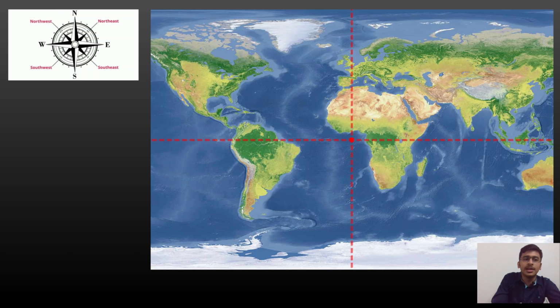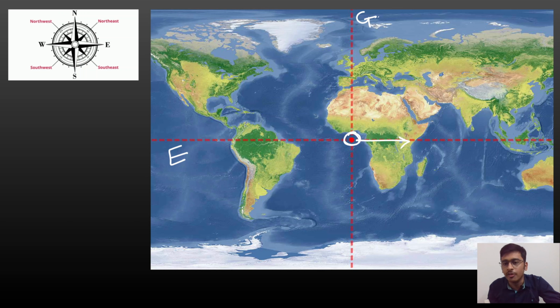Why? Because in order to understand what east, west, north, south is, there has to be a reference point. And which is that reference point, if you ask? That reference point is this longitude, which is called the Greenwich Meridian, so I'll just write a little g, and this latitude, which is nothing but our equator. And this is our reference point from which all these directions have been laid out.